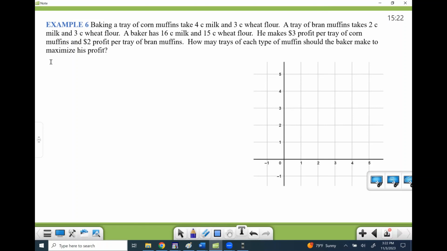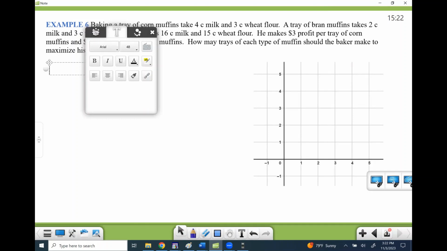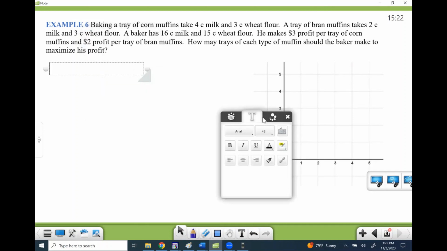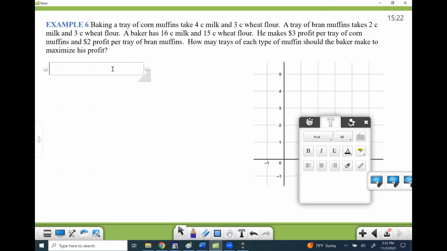Okay, so the first thing I want to write down is the objective function, the thing that we want to maximize or minimize. The objective function is the profit one, so we're going to call it P. Now we think about how this person makes profit. They make $3 for every tray of corn muffins, plus $2 for every tray of bran muffins.